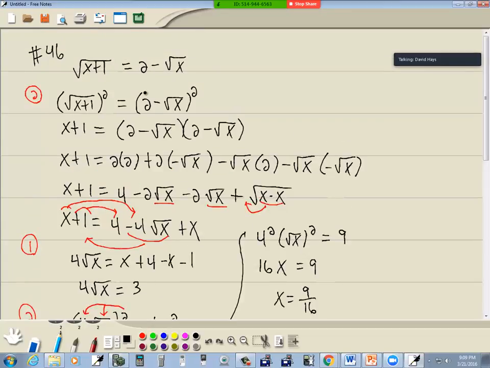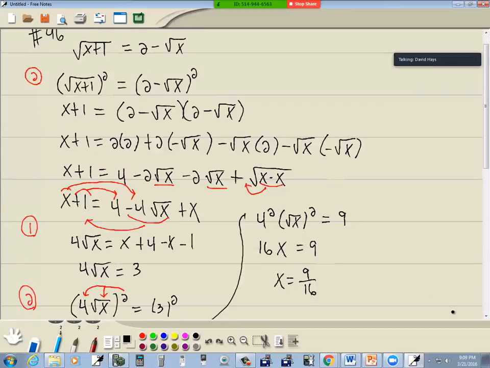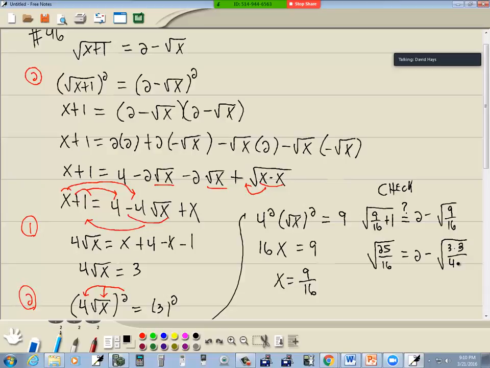Remember, we have to check that up here. So if I check it, I'm going to have the square root of 9/16 plus 1. And we're wondering if that's equal to 2 minus square root of 9/16. This is a mixed number. 1 times 16 is 16 plus 9 is 25. So we've got square root of 25/16. 9 is 3 times 3, and 16 is 4 times 4.